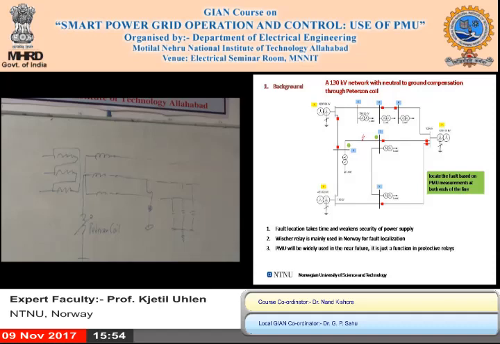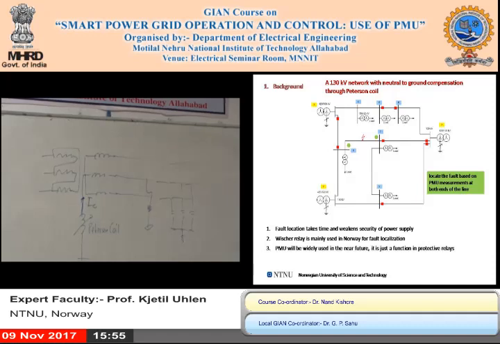You can measure, of course, the I0 here, the zero sequence, and see that there is a fault, but you don't easily know where in the network it is, even though you have relays in here.